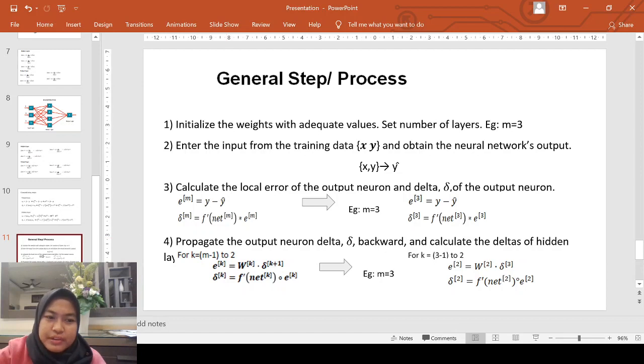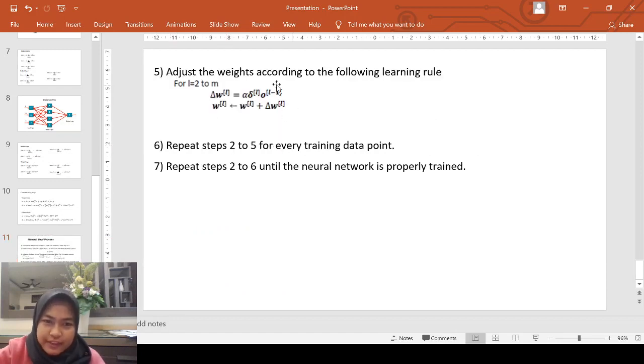So we repeat steps 2, 3, 4, and 5 here for every data point. So for example, if we have 100 training data, we repeat that 100 times, and after we finish that 100 times, we call that one epoch.